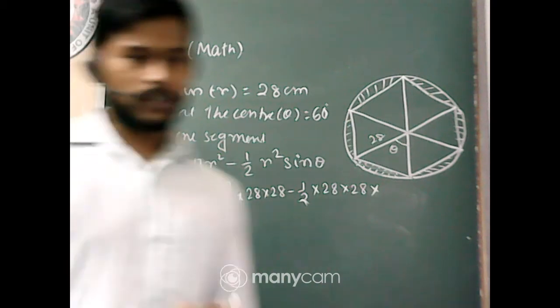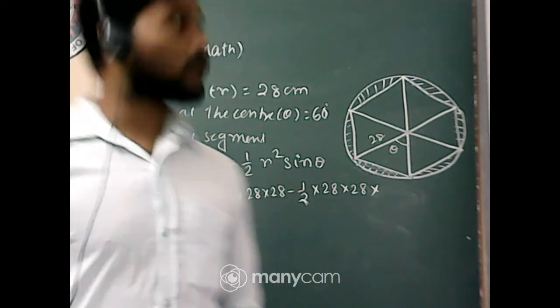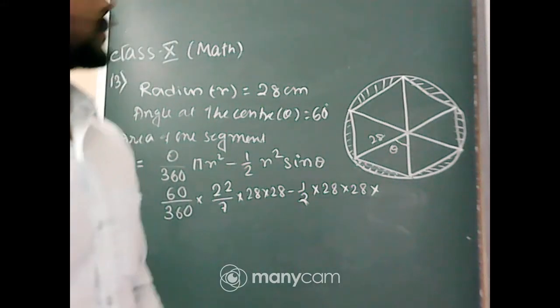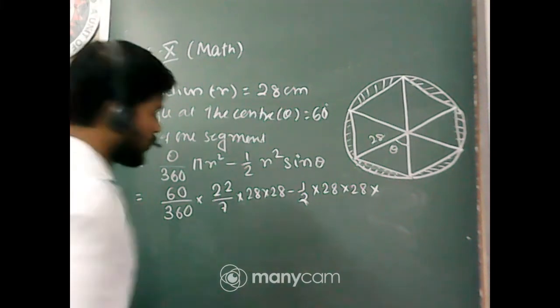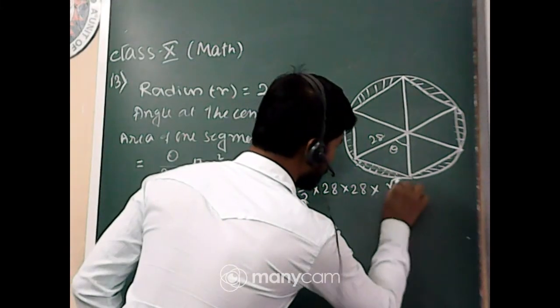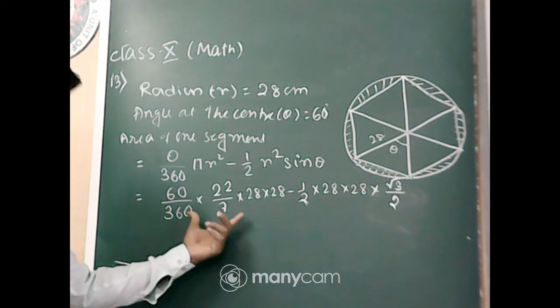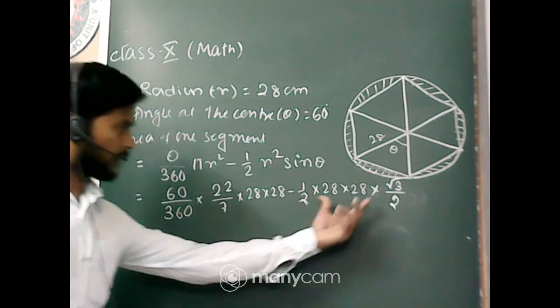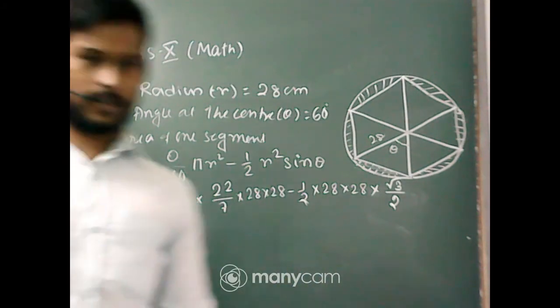Who can tell me what is the value of sine 60 degree? Root 3 by 2. Very good, Somadev. Yes, root 3 by 2 is the correct answer.